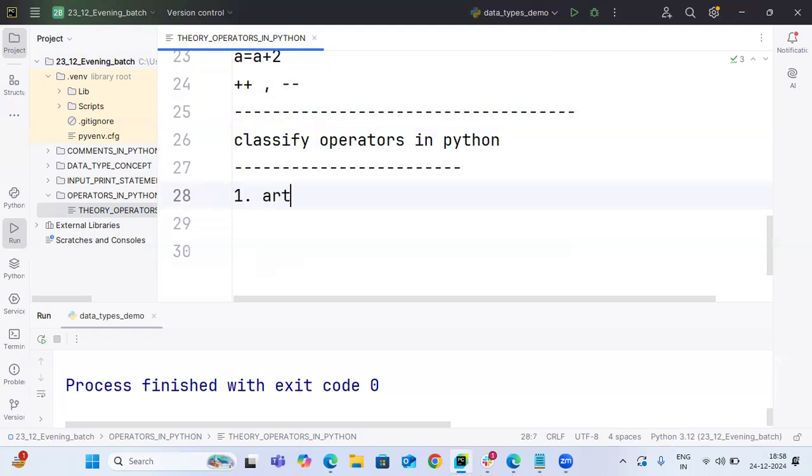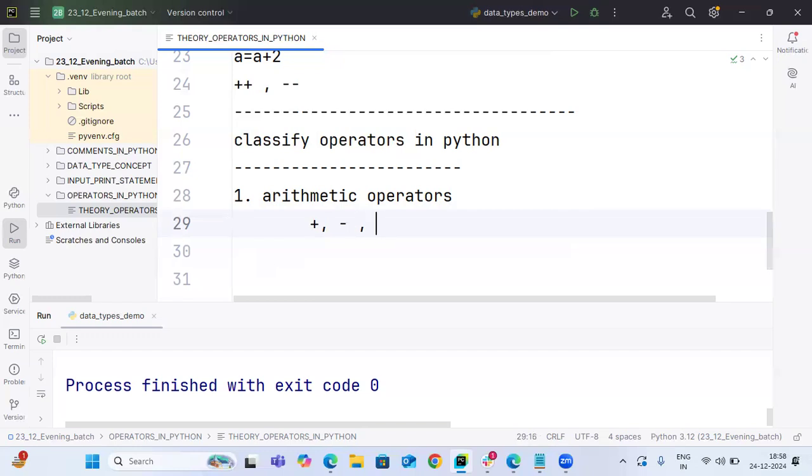Arithmetic operators. What are the operators you have learned from mathematics? Plus is to perform sum. Minus is to perform subtraction.